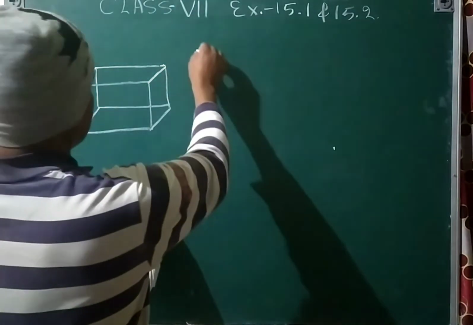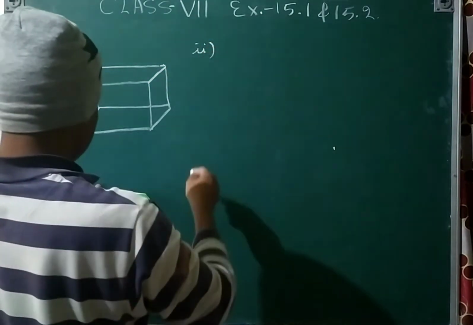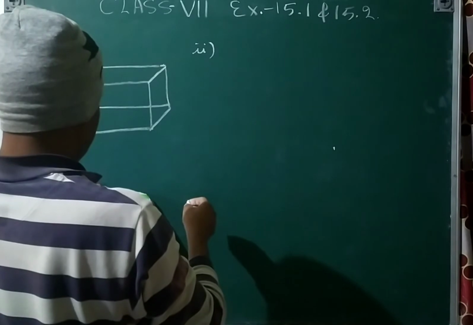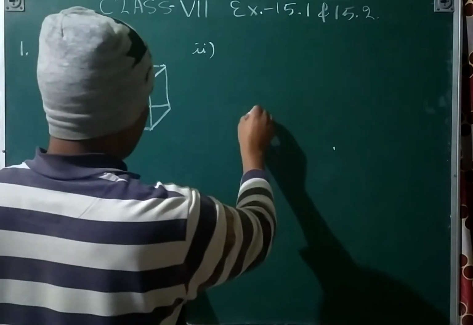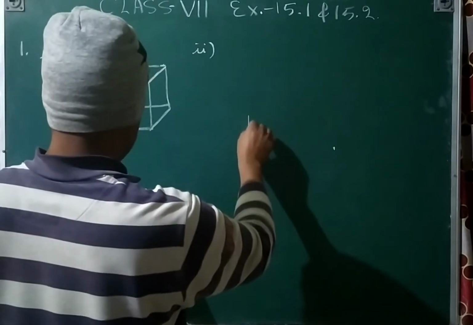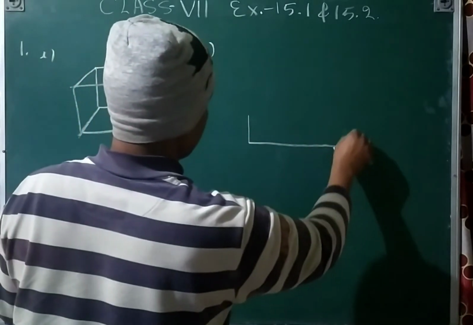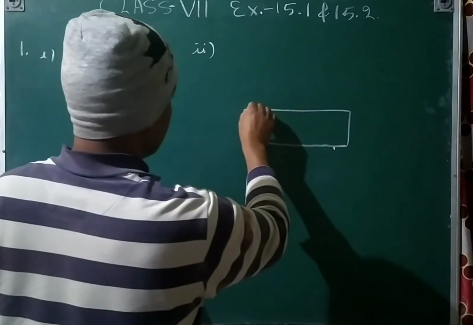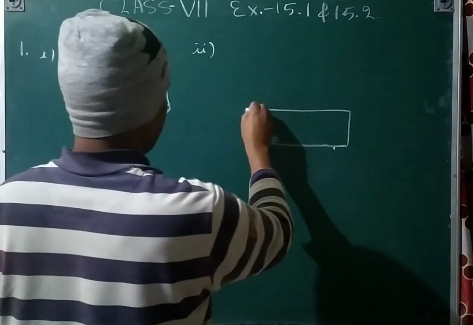And then the second one. First of all you draw a rectangle like this. When you use the isometric paper, you will see that it is better.